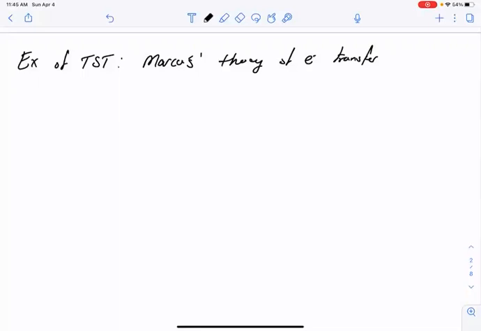Charge is just redistributed. So whether or not that charge is an electron hopping around in a solid state lattice or a set of metal centers undergoing redox chemistry in solution, Marcus's theory has widespread applications.